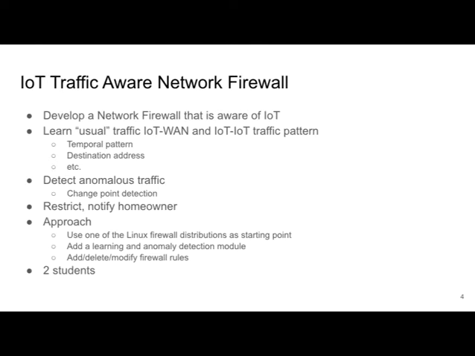Third project, IoT traffic aware network firewalls. We all use firewalls, sometimes explicitly, knowingly, sometimes they're just built into your routers. A lot of the time they are some proprietary thing, but usually these are some Linux distributions.